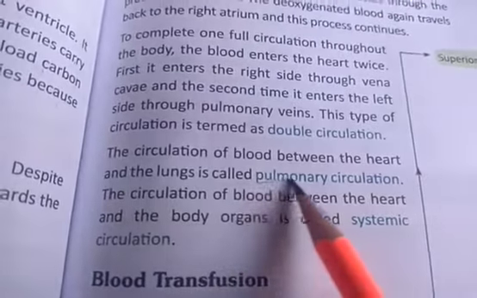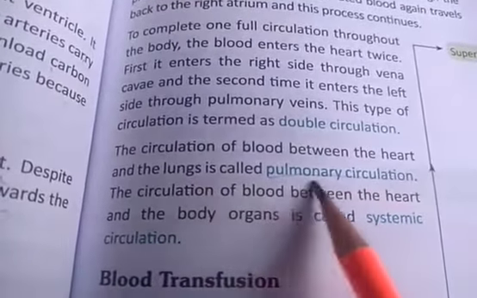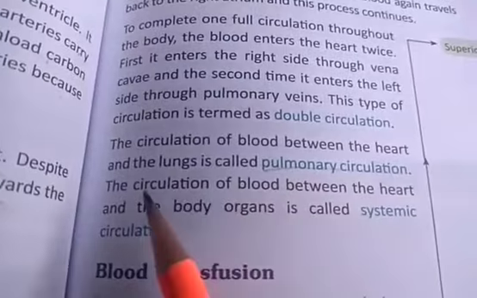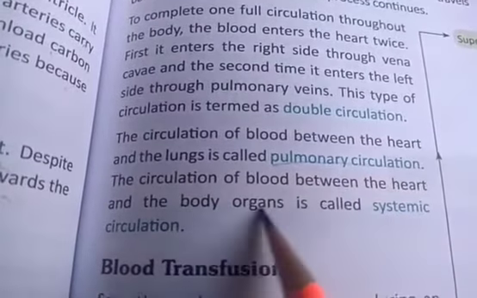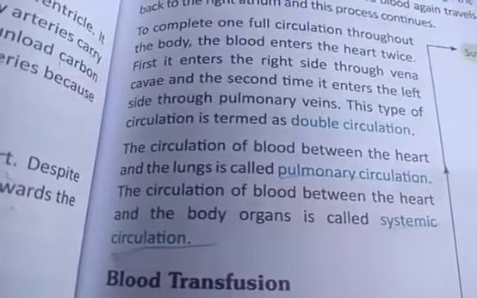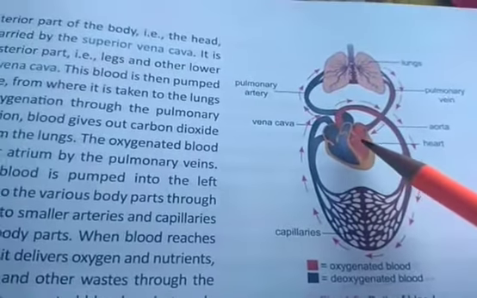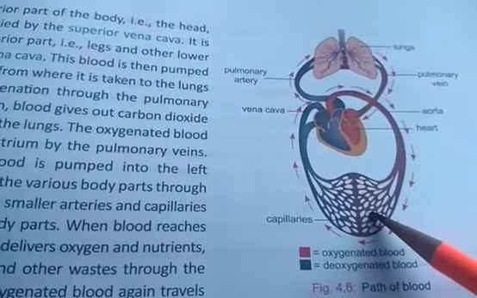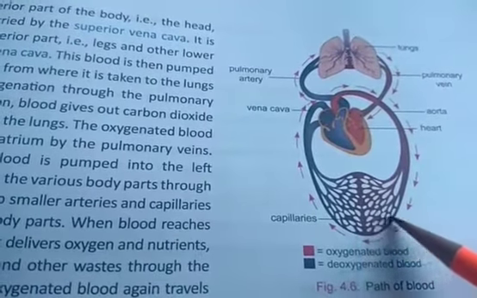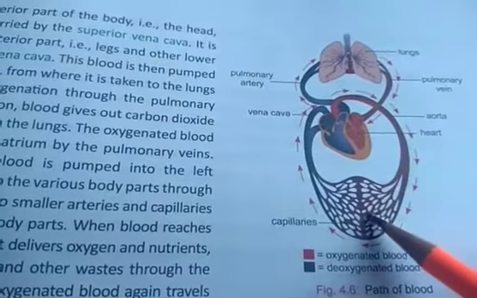So it is given over there, pulmonary circulation. The circulation of blood between the heart and the lungs is called pulmonary circulation, and the circulation of blood between the heart and the body organs is called the systemic circulation. So the circulation of blood between the heart and different body tissues or cells or organs will be called systemic.